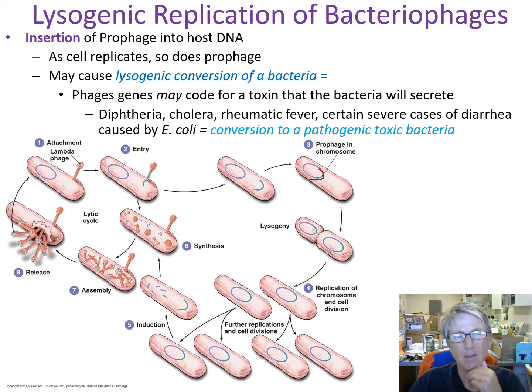And this is interesting. At this point, when you insert that prophage into the chromosome of the bacteria, this could cause this process called lysogenic conversion of a bacteria. So the phage genes are here because it's the nucleic acid of the virus. They may code for a toxin.